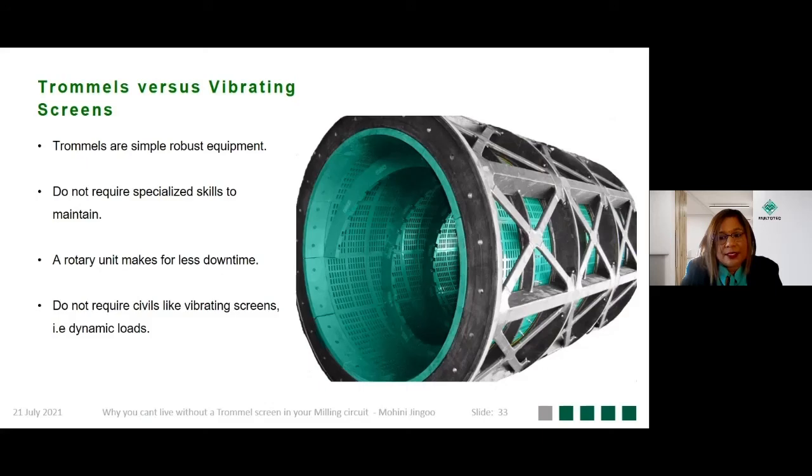They have large capacities with less downtime. They do not require specialized skills to maintain. Also, a trommel screen is a rotary unit which makes for less downtime. Overall, when you look at trommel screens, they are much cheaper when you take into consideration the civils and the dynamic loads for vibrating screens.